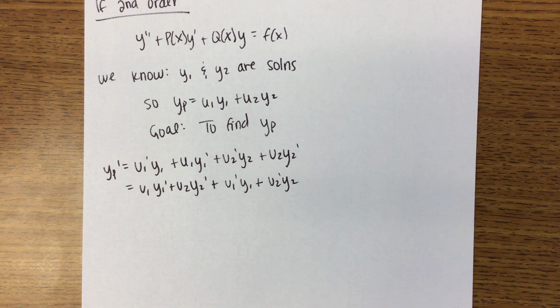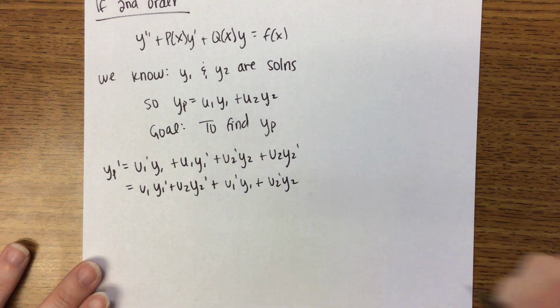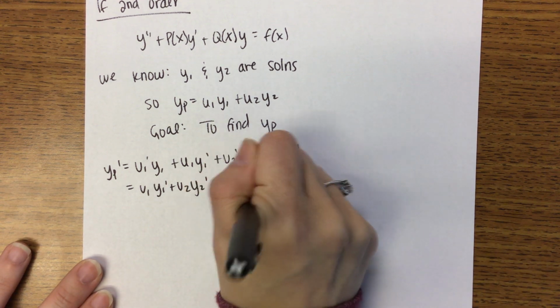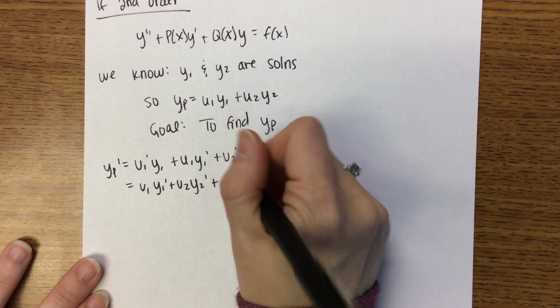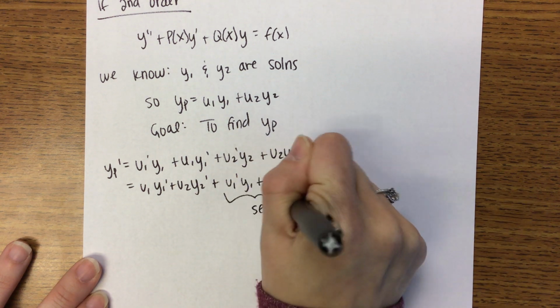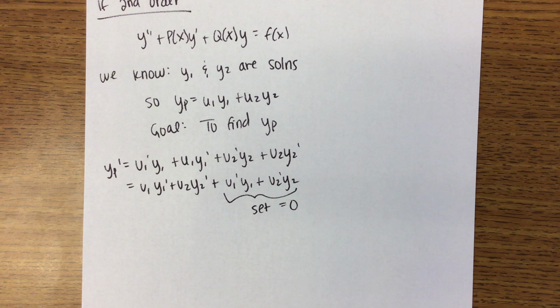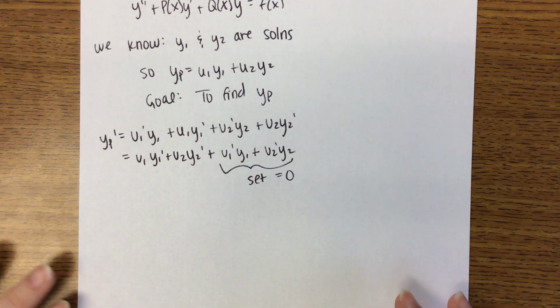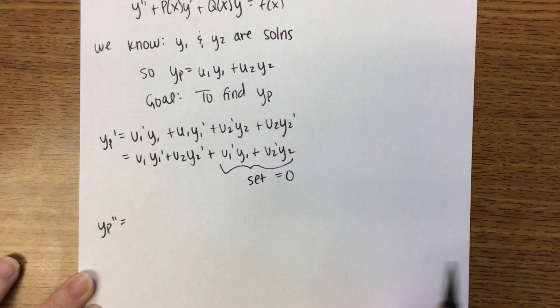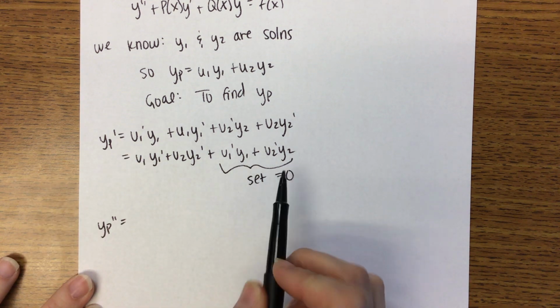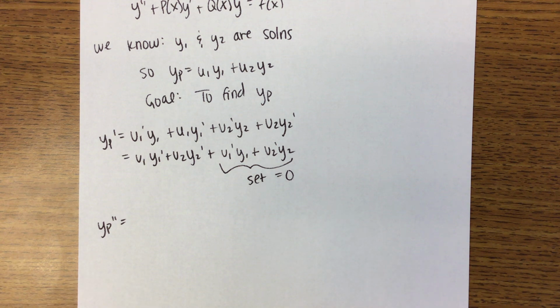Okay. In order to solve this, we are going to require that those last two terms added together are equal to 0. We're going to find our second derivative then, using those terms, since we're going to say they equal 0 added together.